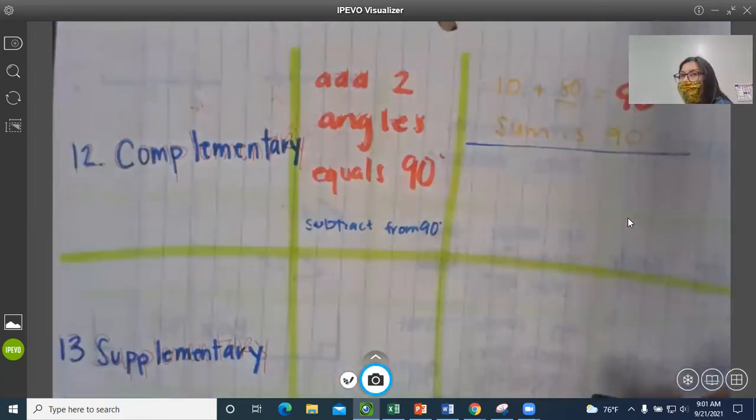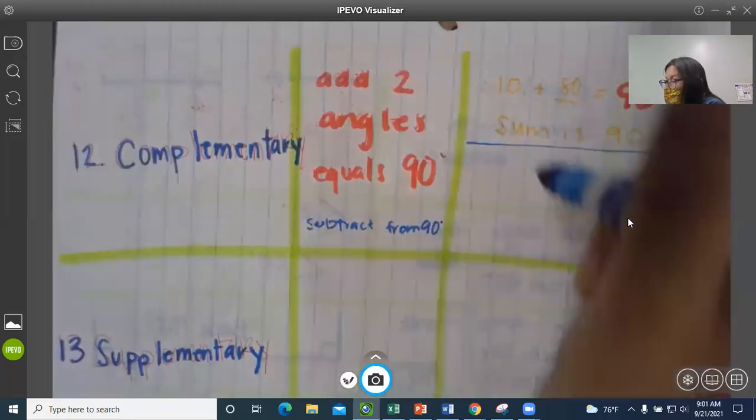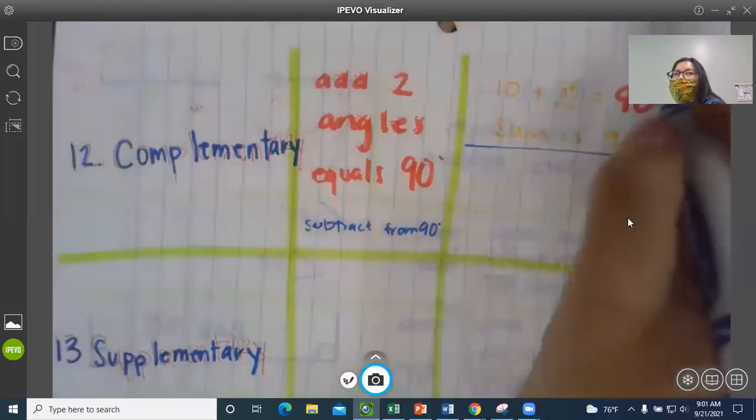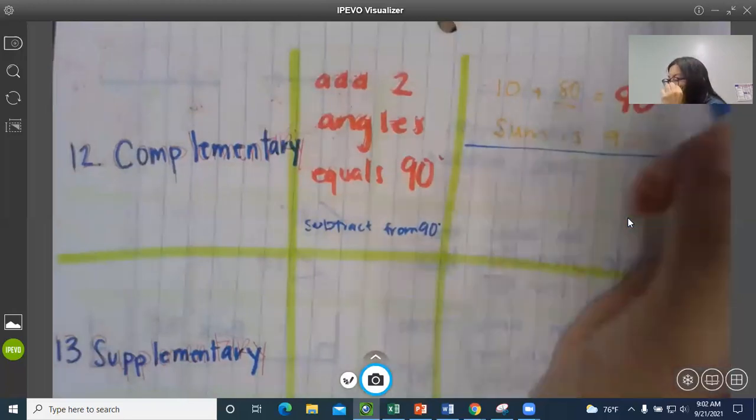So can somebody give me a number for an example? Can you give me a number, Uriah? Okay, 80. Well, actually, we had already done 80. Pick another number besides 10 and 80. 60.